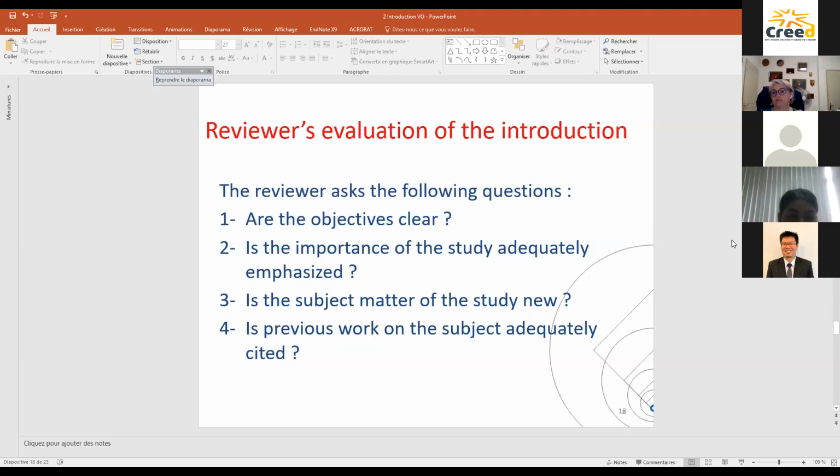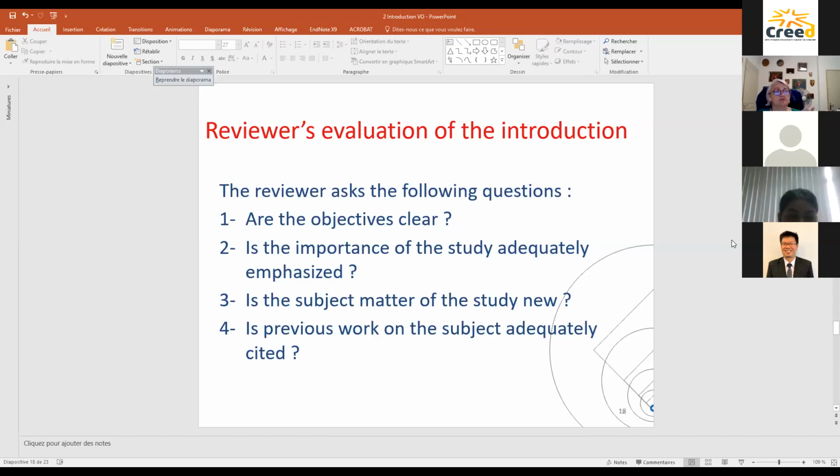That is why it's important to have the objective and hypothesis statement paragraph at the end. Then, is the importance of the study adequately, but also correctly emphasized? Don't oversell something, but make sure it's adequately emphasized and you cite the previous literature correctly in support.